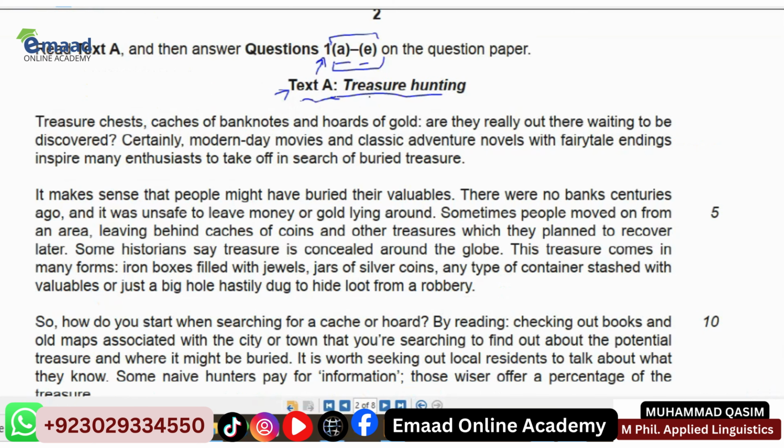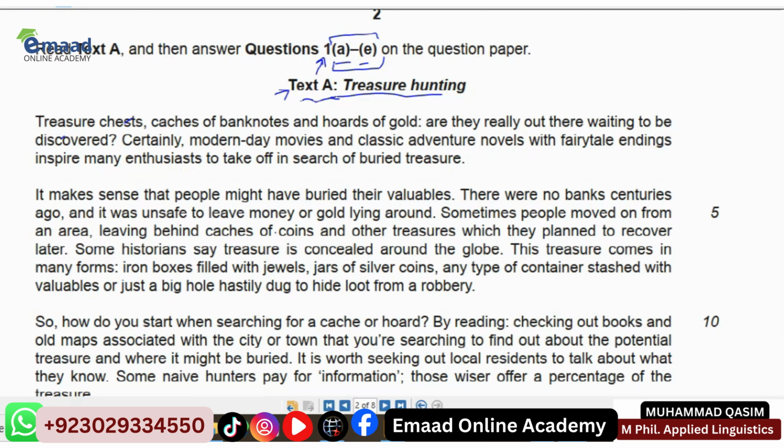Here is text A, Try Your Hunting, a very interesting text. Let's first read this text to get an overview, then we will take each question one by one. Try Your Chest. Caches of banknotes and hoards of gold. Are they really out there waiting to be discovered? Modern day movies and classic adventure novels with fairy tale endings inspire many enthusiasts to take off in search of buried treasure. It makes sense that people might have buried their valuables.